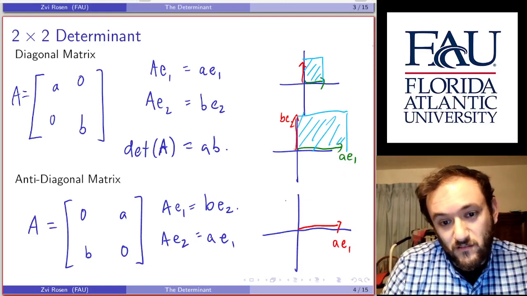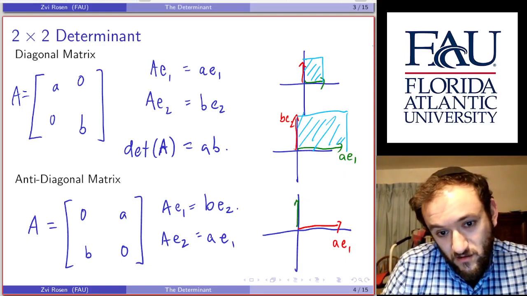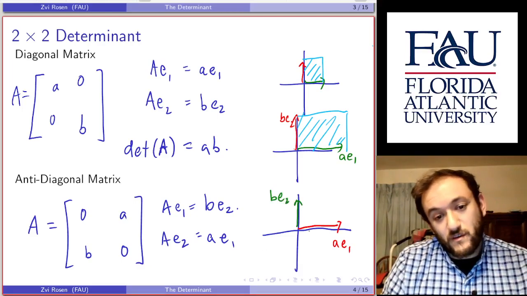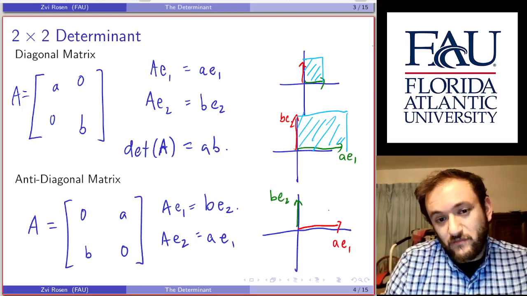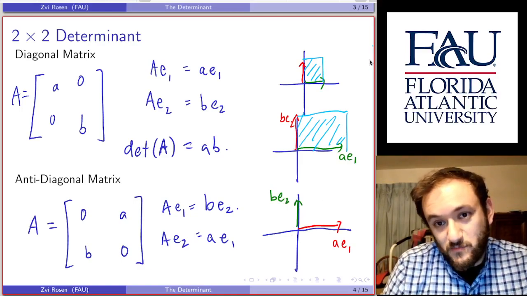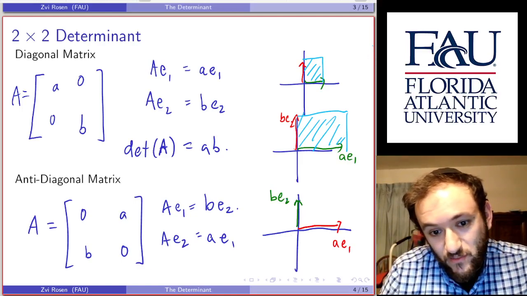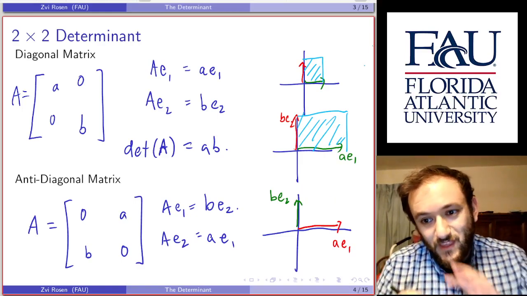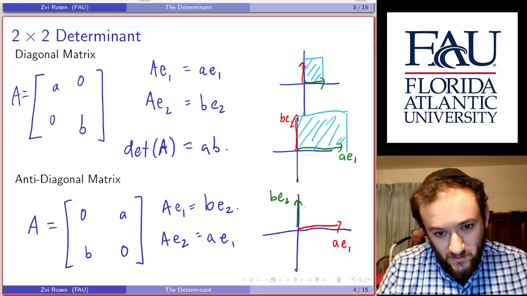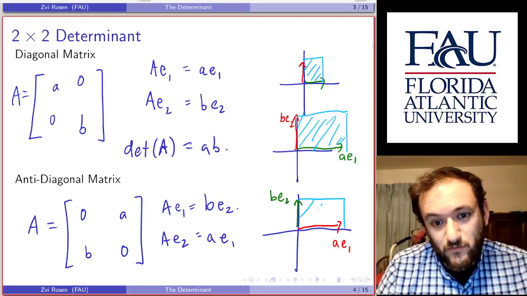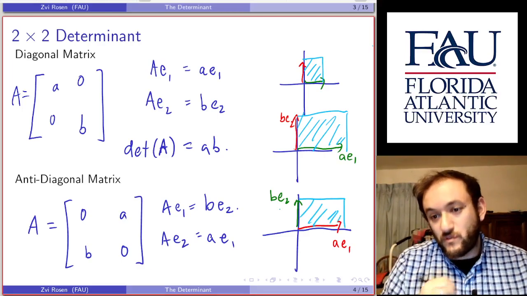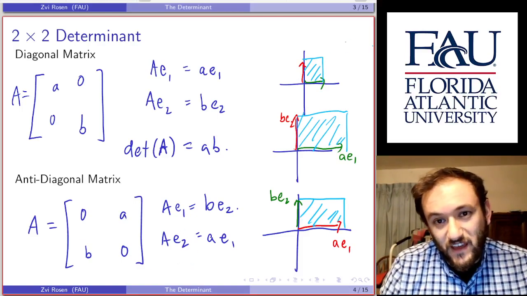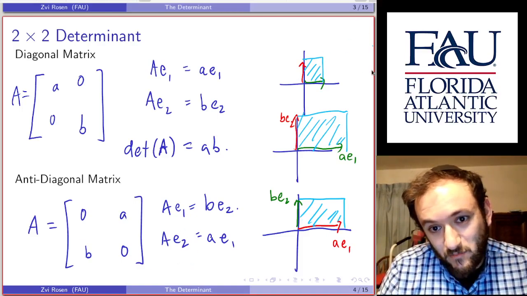And then over here, we get BE2. So everything is quite similar to how it was above, but now the green and the red are switched. So in some way, the orientation is backwards. And for that reason, because the order of the red and green arrows is flipped, this gets a value of minus AB.